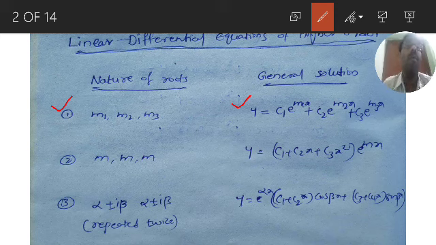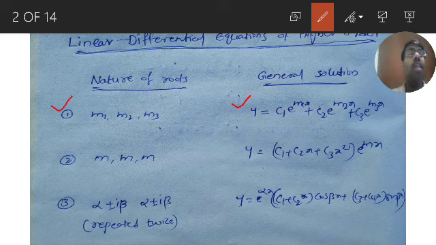If there are 4 roots, m1, m2, m3 and m4, real and different, then y equals c1 e to the power m1x plus c2 e to the power m2x plus c3 e to the power m3x plus c4 e to the power m4x. If a fifth root is there, add c5 e to the power m5x. If a sixth root is there, plus c6 e to the power m6x.